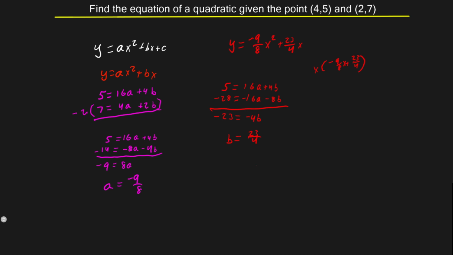So we're going to go ahead and plug in 2. So we're going to go ahead and get 2 times (-9 over 8 times 2, which is going to be -9 over 4, plus 23 over 4).